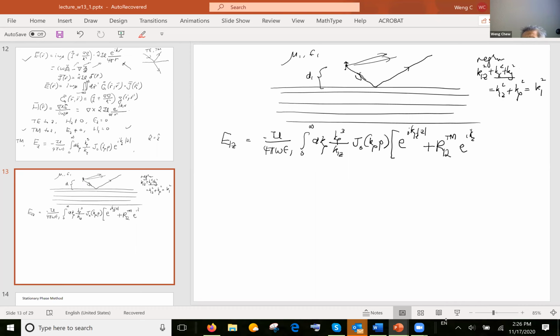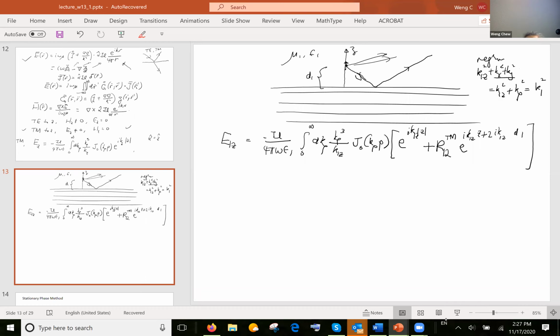The wave that I add has to propagate upward. If this is my z direction, it has to propagate upward, and I have to add the correct phase. This should be k1z, sorry, a k1z d1.